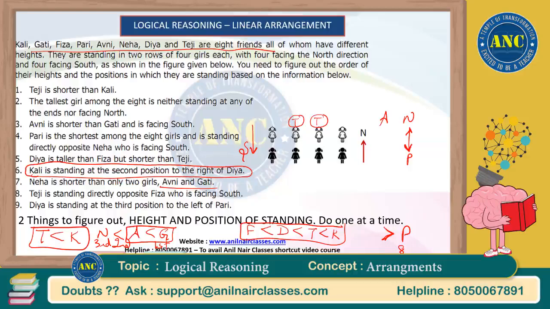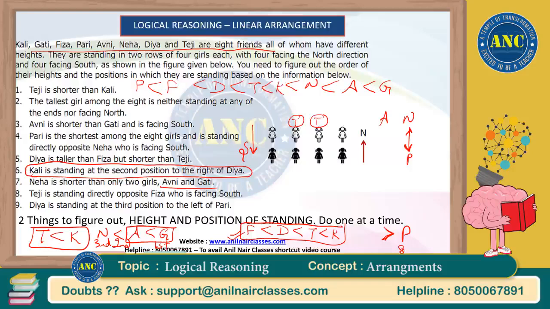So if I write them in the proper order, I would write Gati is the tallest, Avni is the second tallest, Neha is the third tallest, and Pari is the smallest, shortest, I should say, and the other four of them are in this order. So F, D, T, and K. This should be the order. We have got the order now of their heights.